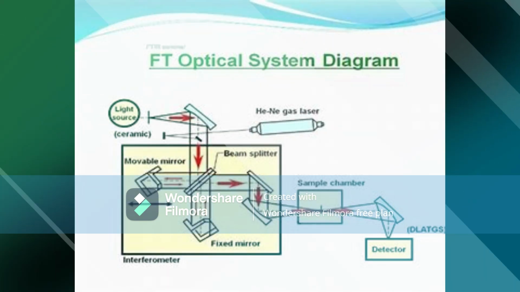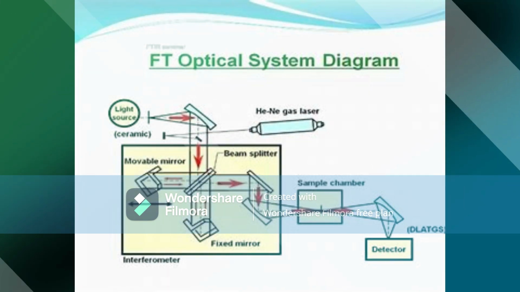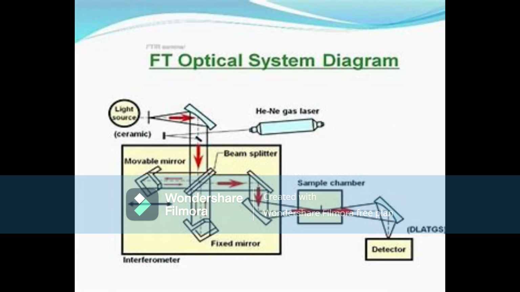A means of decoding the individual frequencies is required. This can be accomplished via a well-known mathematical technique called the Fourier transformation. This transformation is performed by the computer, which then presents the user with the desired spectral information for analysis.